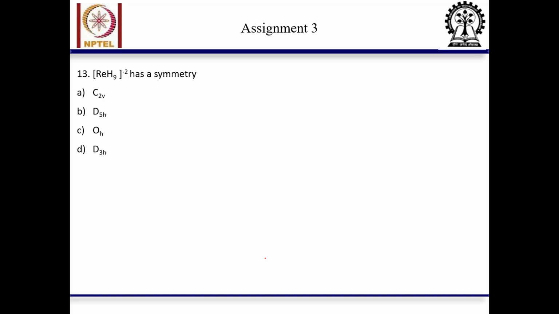So first of all, you have to tell me what is the ReH9 structure and then what is the symmetry.